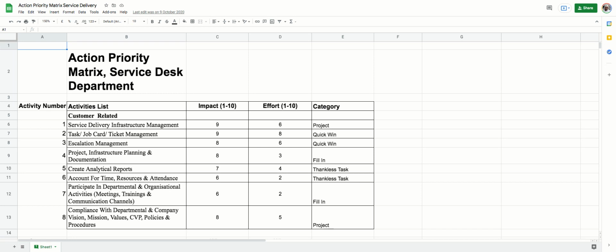So those are the 8 activities that we expect team members of the service delivery department to participate in on a daily, weekly, and monthly basis. This forms really the bedrock, the core of what you'll be doing in your particular job role in the service delivery department.